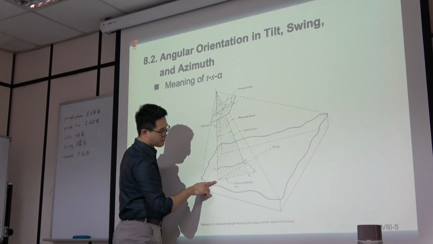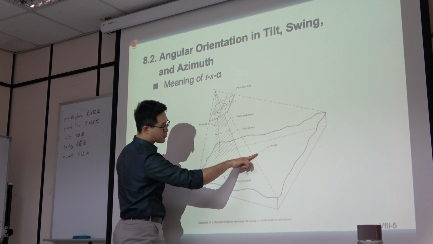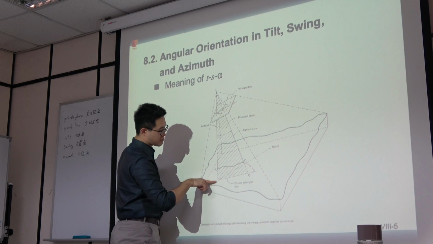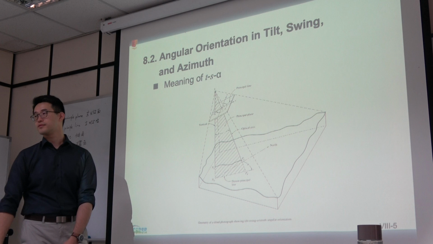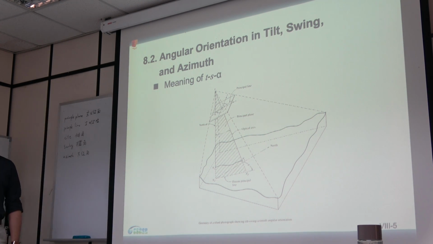You start from the vertical line pointing at the north, and then go clockwise to the principal plane. Then this angle is the azimuth angle. It's the azimuth. Okay, so you can use the TSA, tilt, swing, and azimuth, to represent the orientation of one single image. Okay.